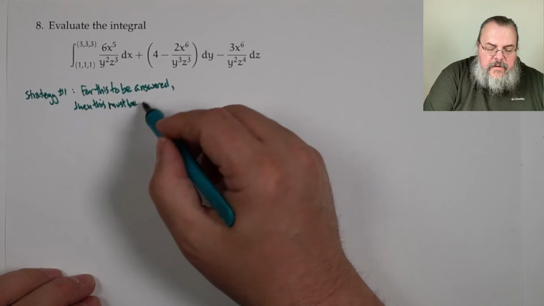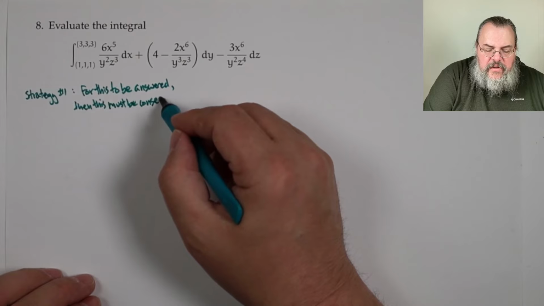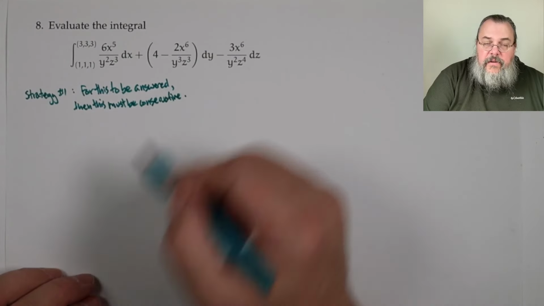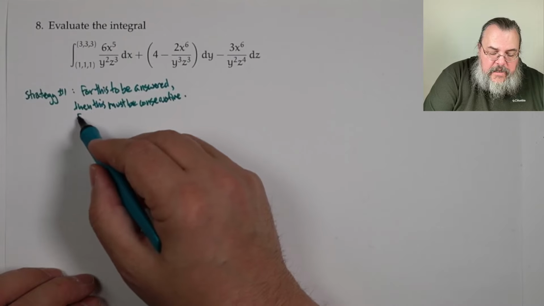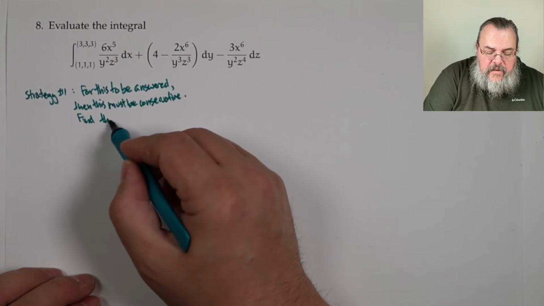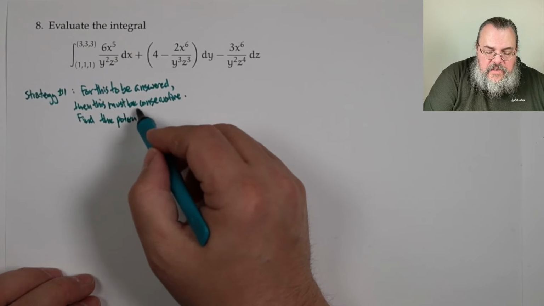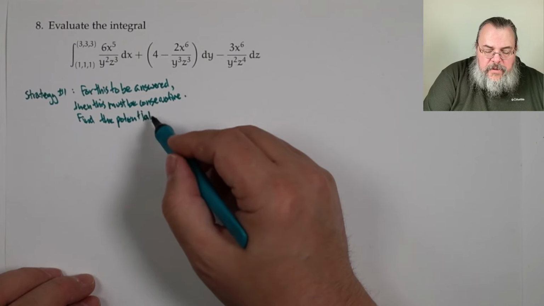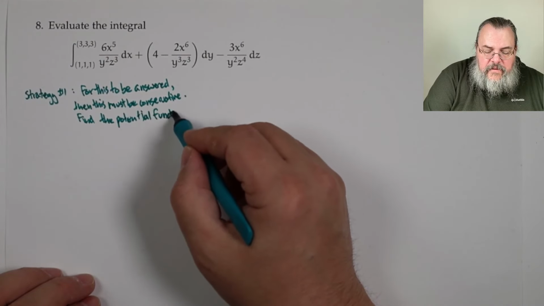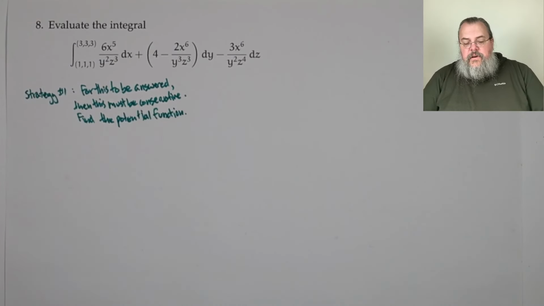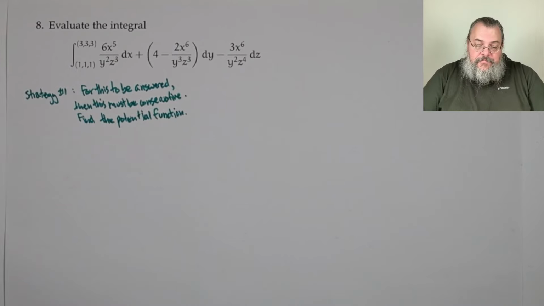And this is actually going to really drive both strategies. So it's conservative. Find the potential. Yes, there's a potential function, and if we can find it, life is good. That's our plan.